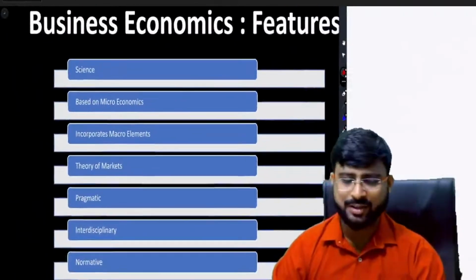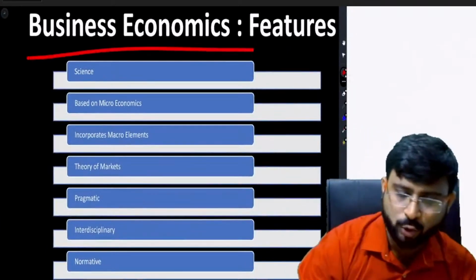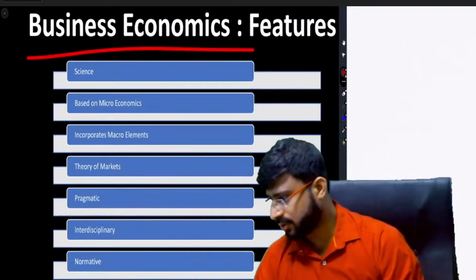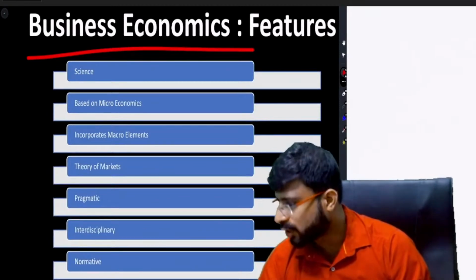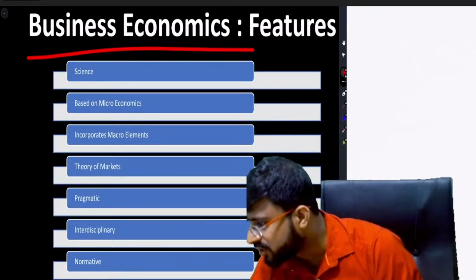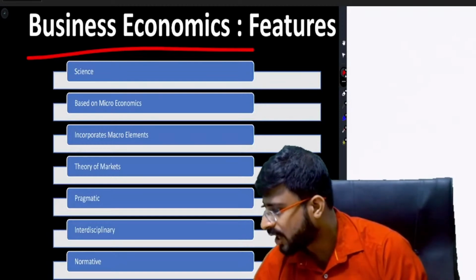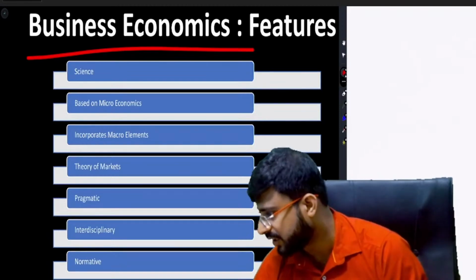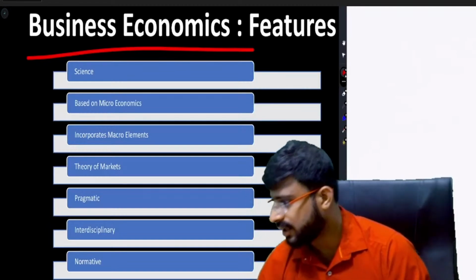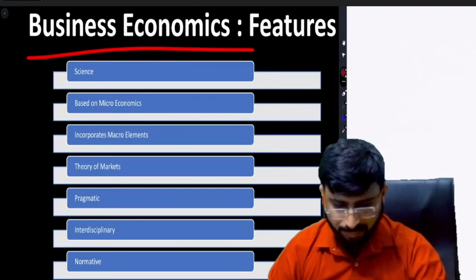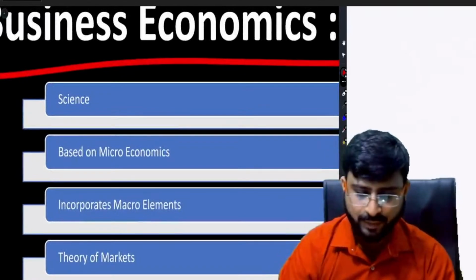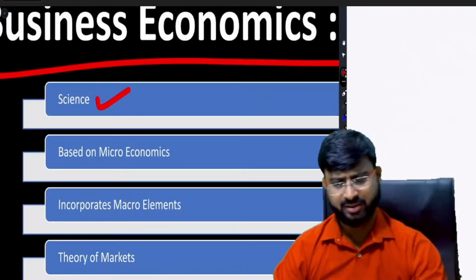Now everyone, we are coming back to our topic of business economics. So the question is, sir, what are the features of business economics? After all, this is what we are sitting for. Okay. Let's go. Number one, business economics is a science.